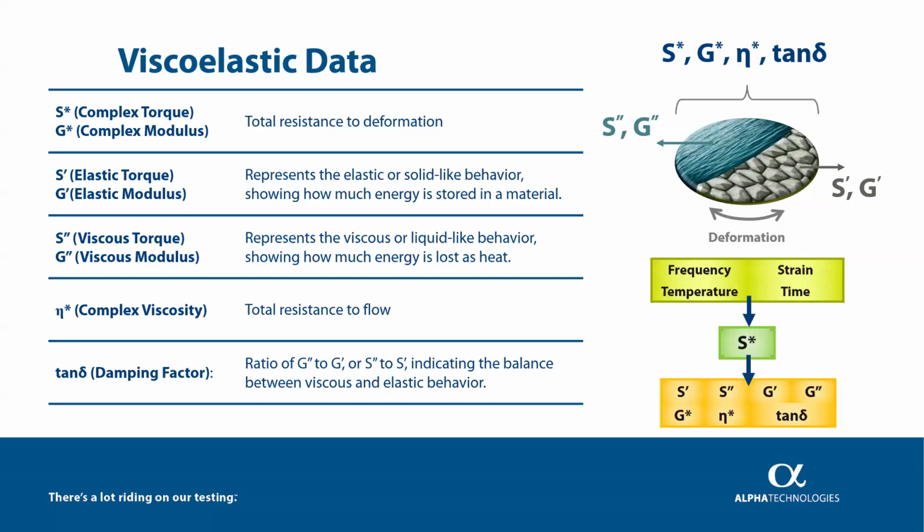And finally, tangent delta, the damping factor, is the ratio of G double prime to G prime, or S double prime to S prime. This is the phase angle, and then the phase lag. It shows the balance between the material's liquid-like and solid-like behavior. A higher tangent delta means the material flows more, while a lower value indicates more elastic and solid-like behavior.